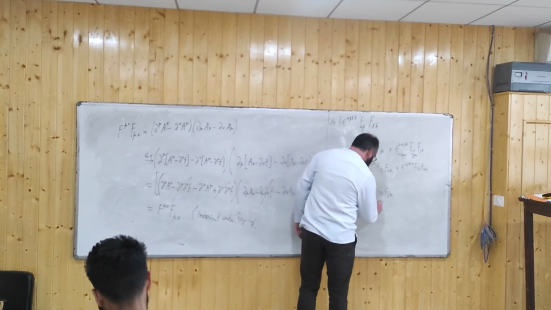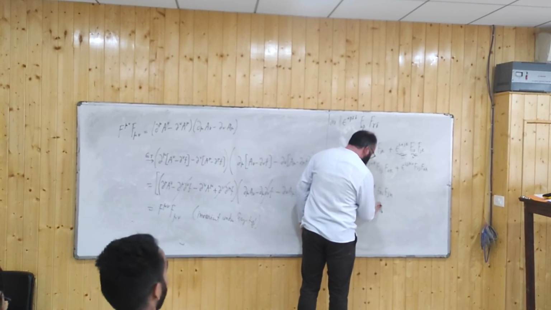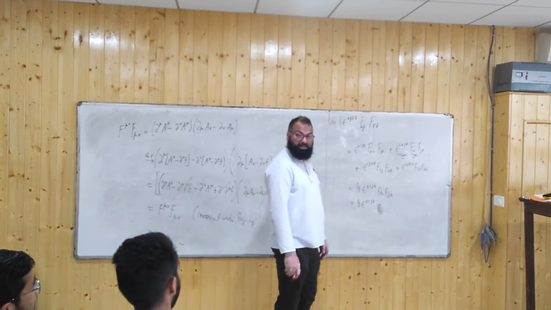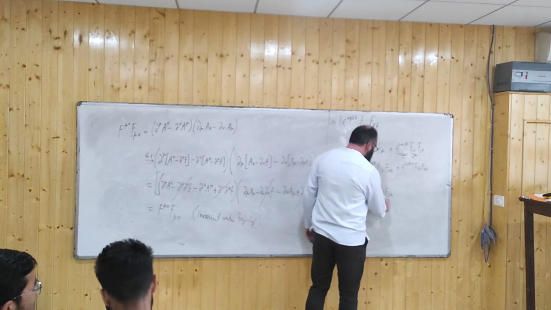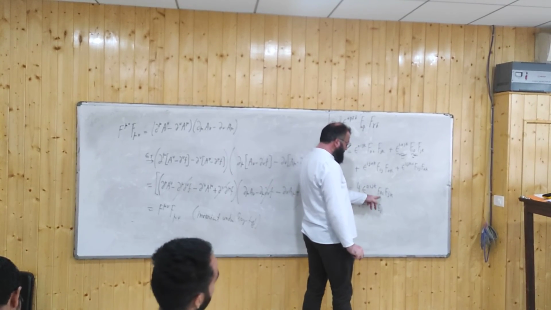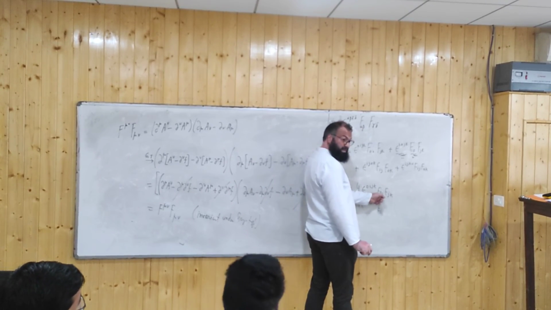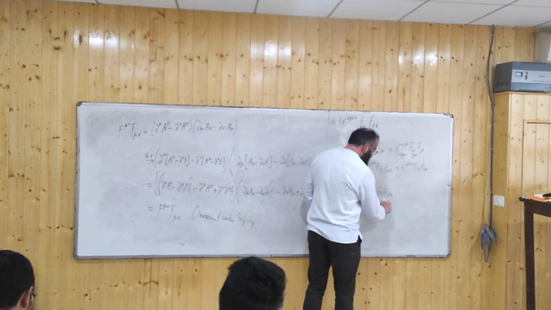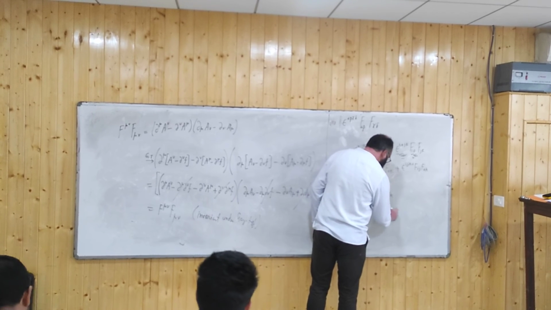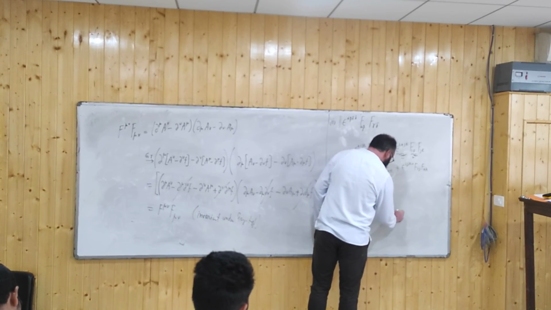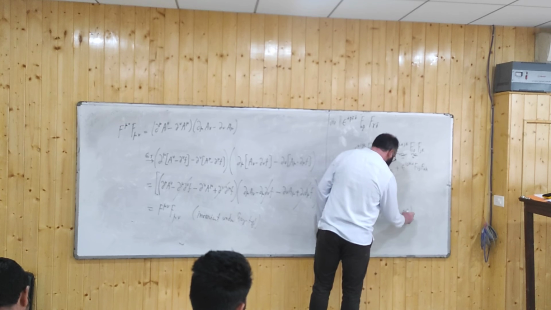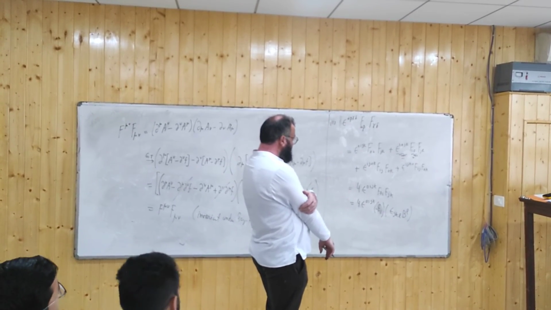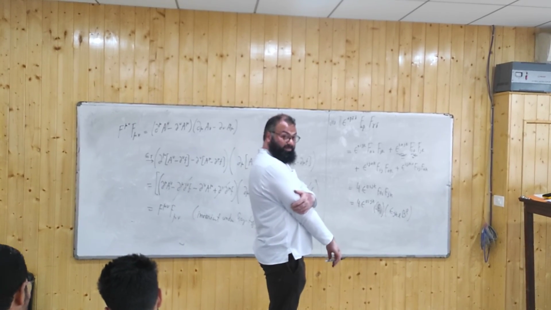So I can write 4 epsilon 0 i j k f 0 i f j k. What is f 0 i? It is e i. Now what is f j k? Is it minus e i or plus e i? I think it's minus. We have written it: epsilon j k l b l.